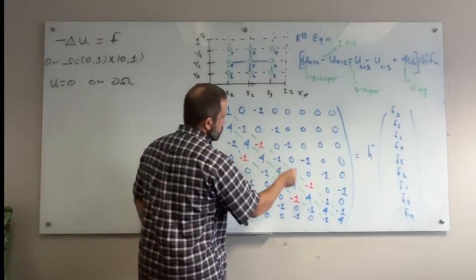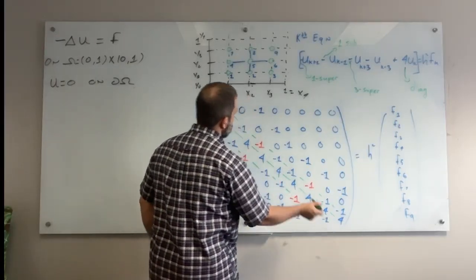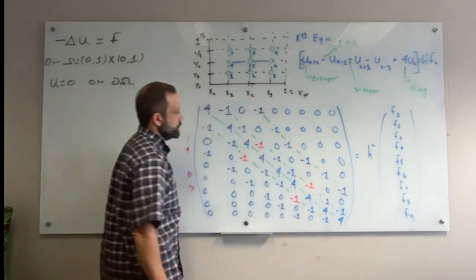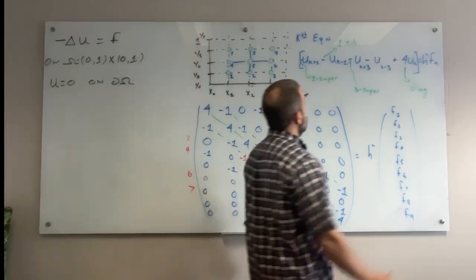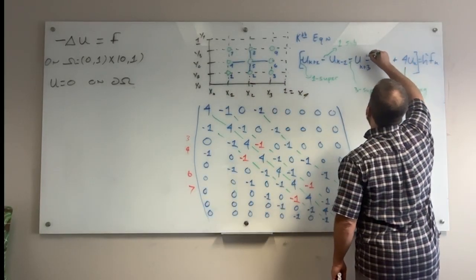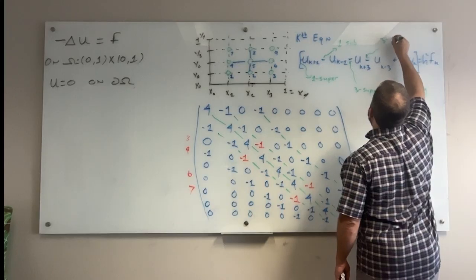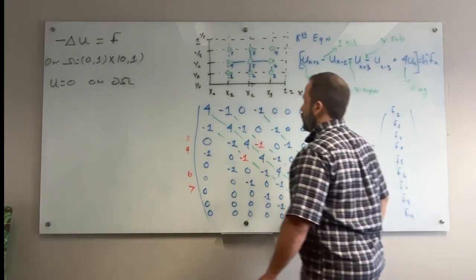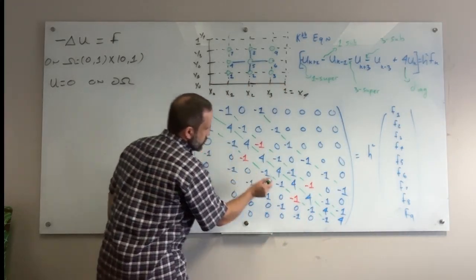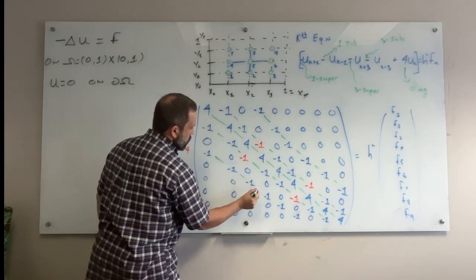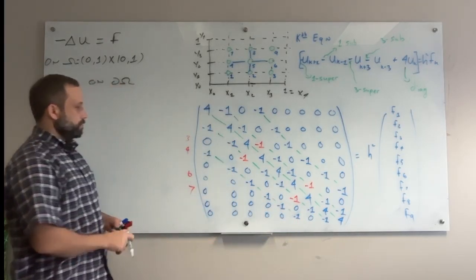So again, this is the first diagonal, this is the second diagonal, and then this is the third super diagonal. Okay, and similarly, this is going to be the third subdiagonal. So this is the first subdiagonal, this is the second subdiagonal, this is the third subdiagonal.